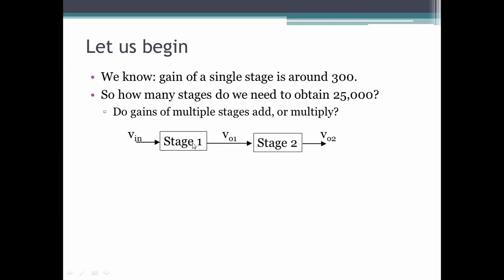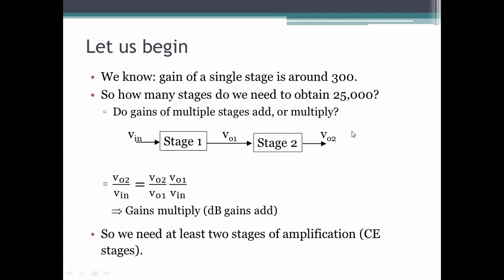So here is stage 1. We'll connect the output of stage 1 to another amplifier stage 2. The input is here and the output is here. So what is the overall gain of this two-stage amplifier? VO2 over Vin, which is the overall gain, can be written as VO2 over VO1 times VO1 over Vin.